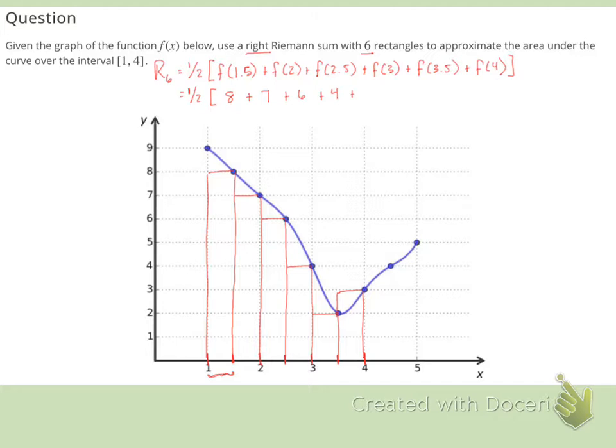At 3.5 the height is 2. And then at 4 the height is 3. Add all these up, multiply by 1/2, and we have, let's see here, 15, 21, 25, 30, divided by 2, which gives us 15.